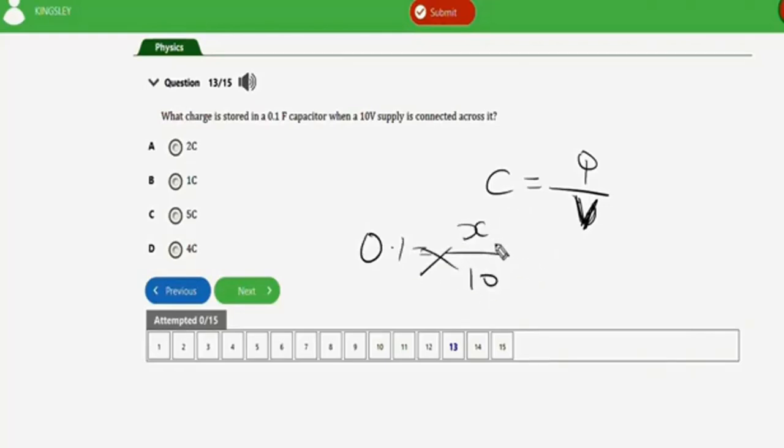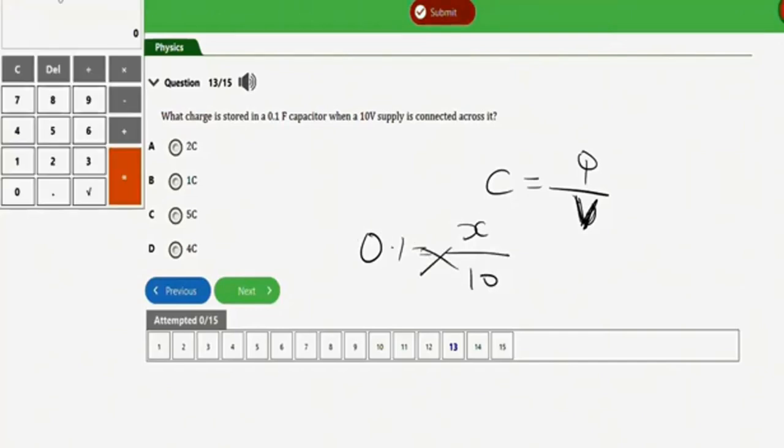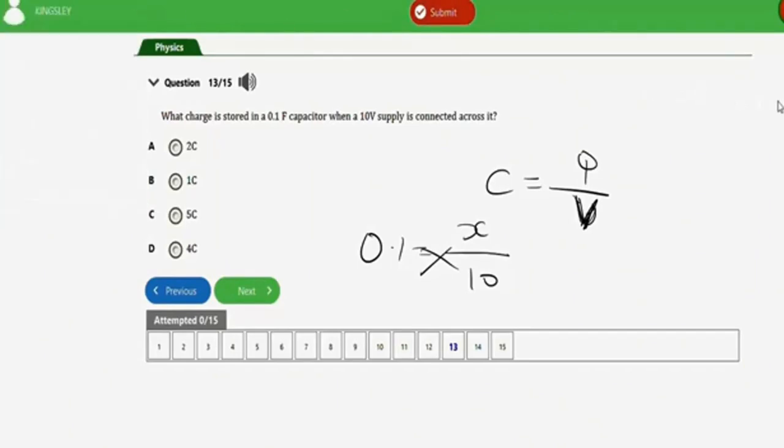When you cross multiply, 10 times 0.1 will give you 1. So that's it. The right option in this question is option B, which is 1 coulomb. Okay, so let's wipe this now and solve the next repeated question.